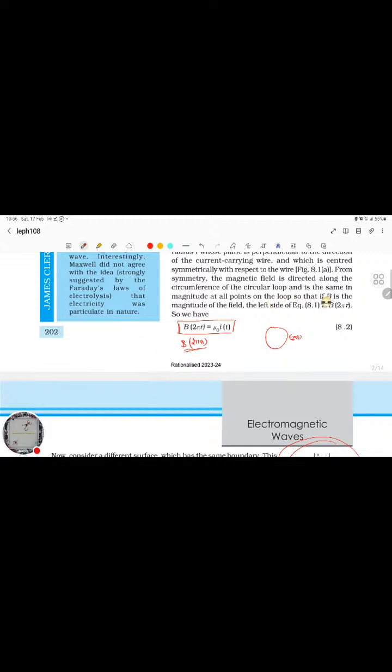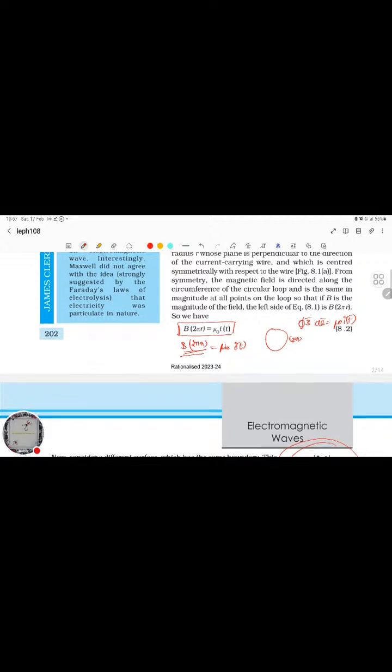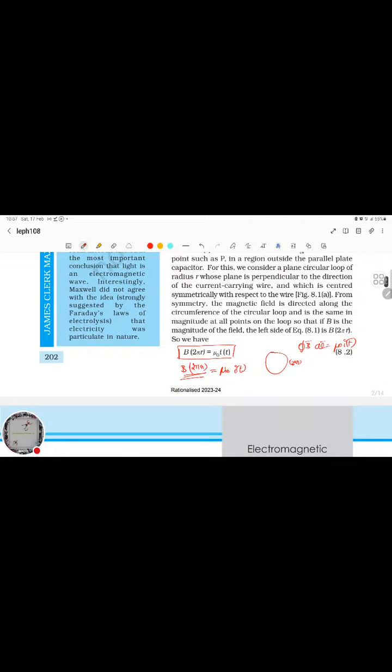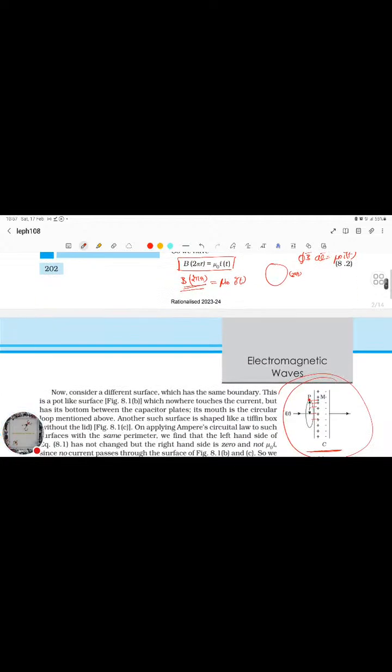So the left hand side of the equation 8.1, that is Ampere's circuital law, integral B dot dl is equal to mu naught I. It is going to be written as B 2 pi r is equal to mu naught I. So this is how the magnetic field is calculated over here.